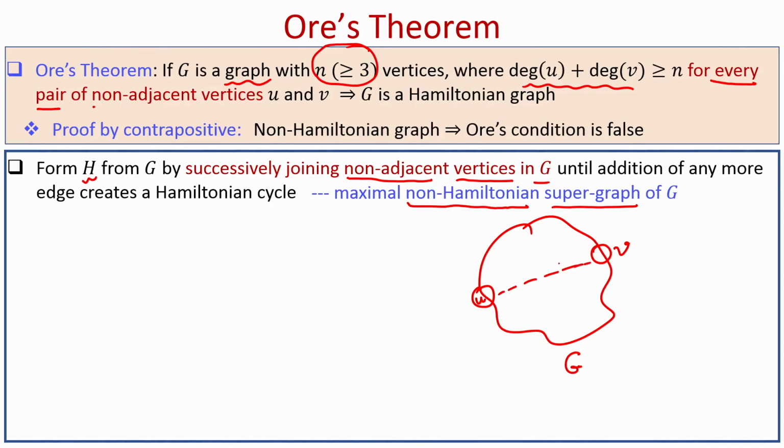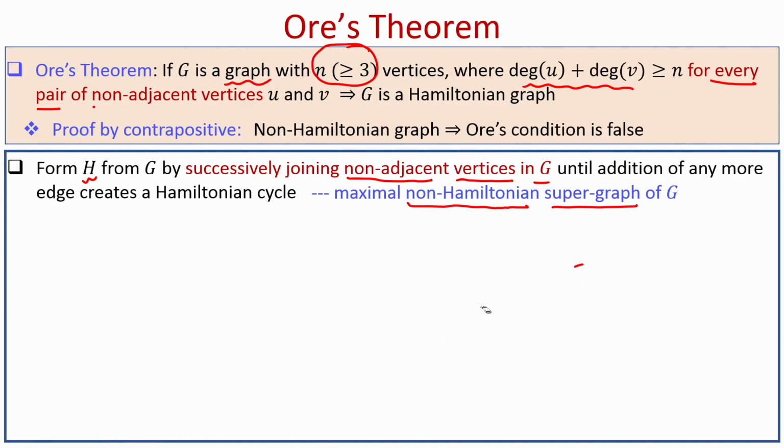I keep on adding more and more edges by identifying non-adjacent pairs of vertices and checking whether by adding an edge between those two non-adjacent vertices I get a Hamiltonian cycle or not. If I do not get one, then again I add that edge, and keep on adding more and more edges in the graph G till you reach a saturation point.